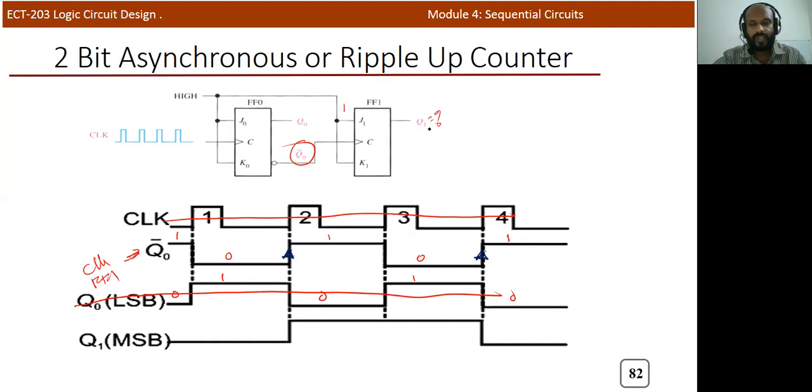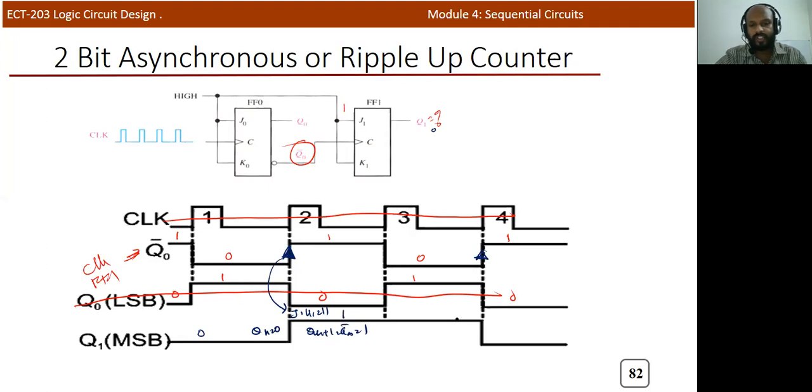Assume that Q1 is initially 0. Now when it reaches the positive edge of Q0 bar, we need to identify the Q1 output, because J1 K1 is equal to 1 1. Here Qn is equal to 0, so definitely Qn plus 1 is equal to Qn bar, which is equal to 1. So the output is changing from 0 to 1.